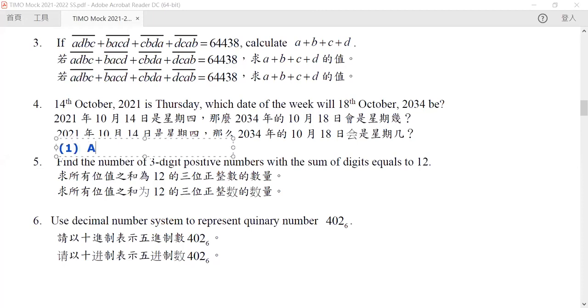We consider this 3-digit number as the following. We want to consider the number ABC as a 3-digit number such that A plus B plus C is equal to 12. We know that we have combinatoric tricks to find out how many ways we can write a number A, B, C into 12.